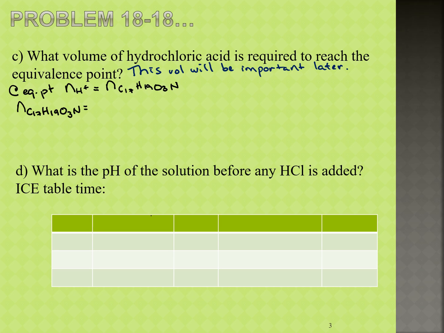This is equal to 0.0500 liters, so 50 milliliters, times its molarity, which was 0.1500 moles per liter. It just so happens that there is 1 mole of HCl per 1 mole of morphine.